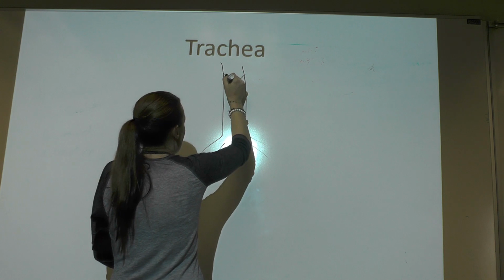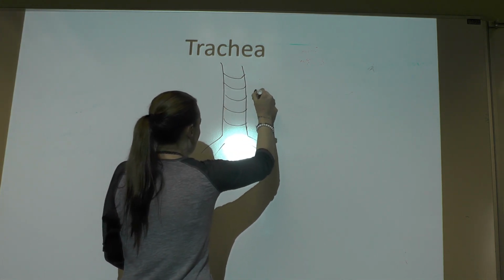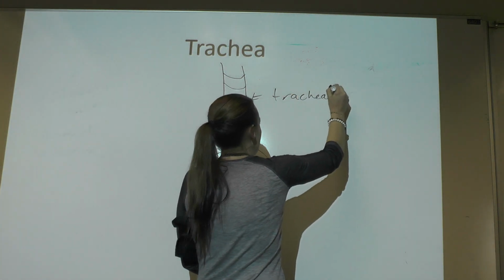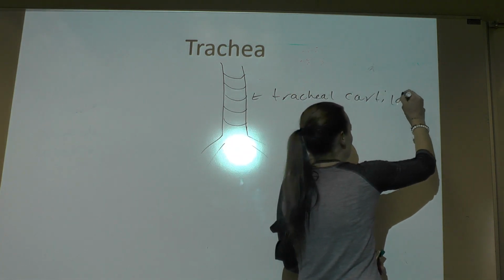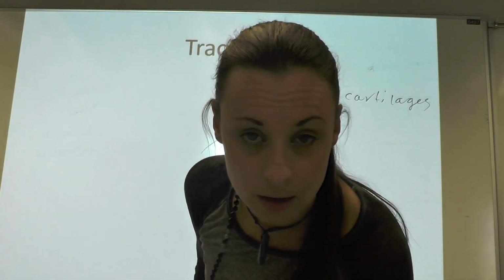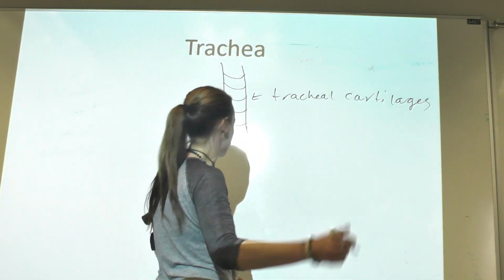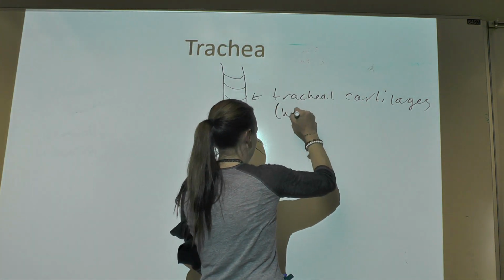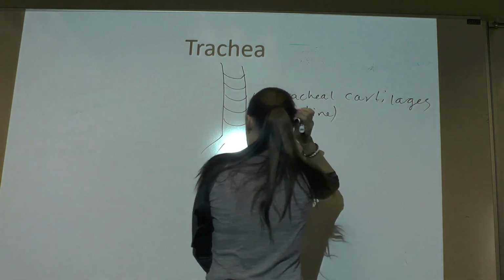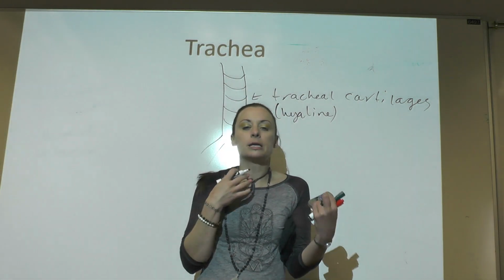In the trachea, we have all of these C-shaped cartilages called tracheal cartilages. Anybody remember what kind of cartilage the tracheal cartilages are? It's hyaline cartilage. Most abundant cartilage in the body. And the function of our tracheal cartilages is really to keep the trachea open.